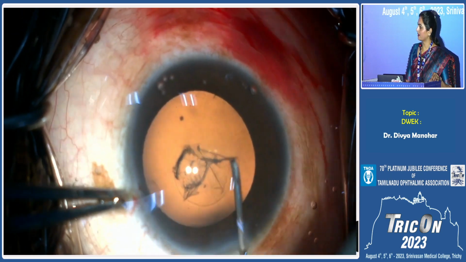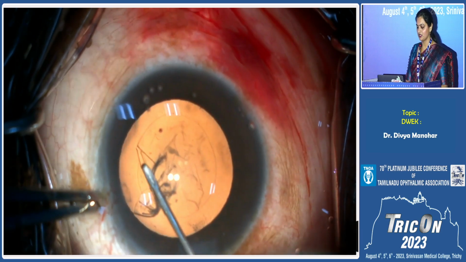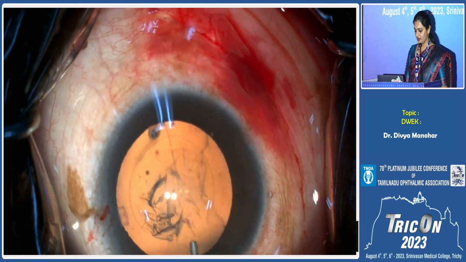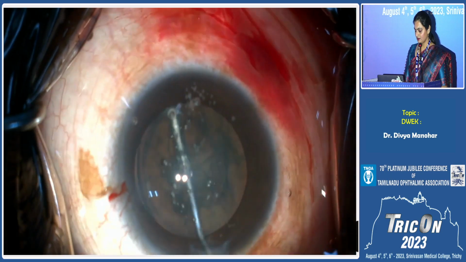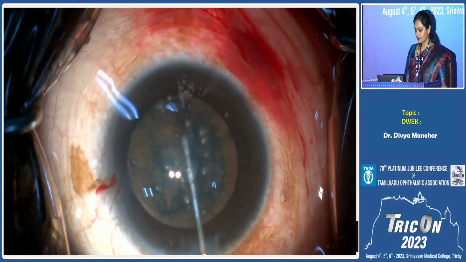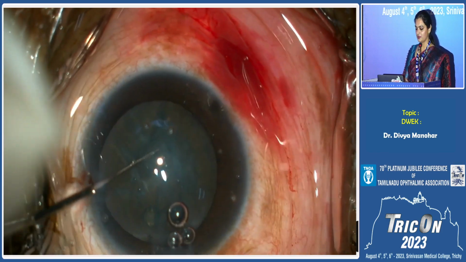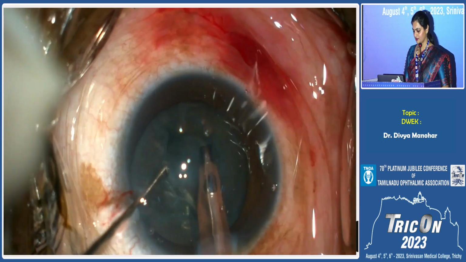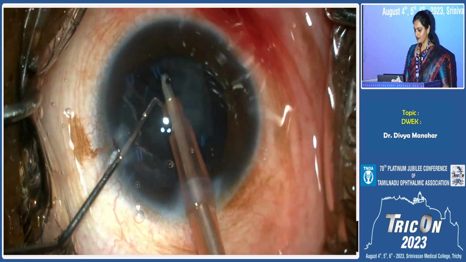So this was under topical anesthesia, or this patient was done under block. This was our first patient. Phacoemulsification surgery is being done. We do the cataract first, followed by descemetorhexis. We've increased the speed.